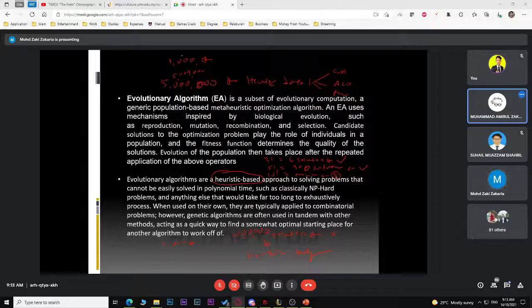But this one can produce a good solution, not a worst solution. The best solution under the 5 million solutions. Good solution. That's why save time lah kan?